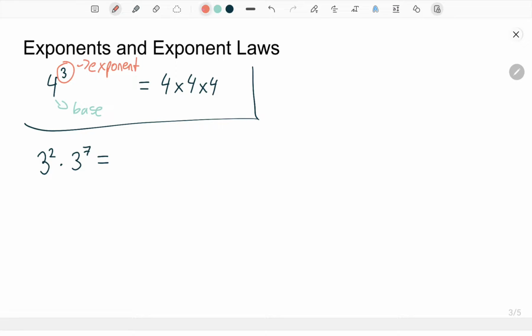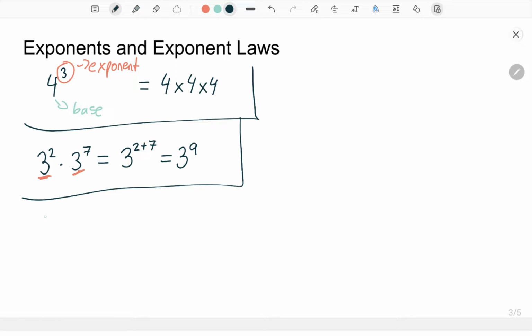So if we're ever multiplying the same base, so that's going to be important that the same number is in the bottom, what you can do is you can add the exponents. So 3 to the 2 plus 7, or 3 to the 9. Okay, so that's when we multiply exponents.